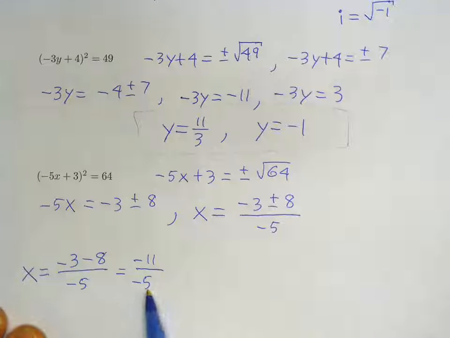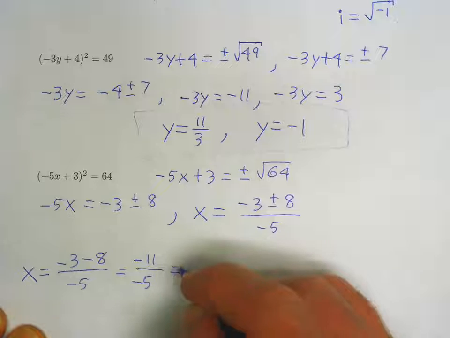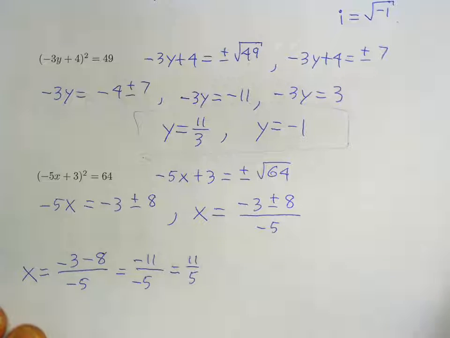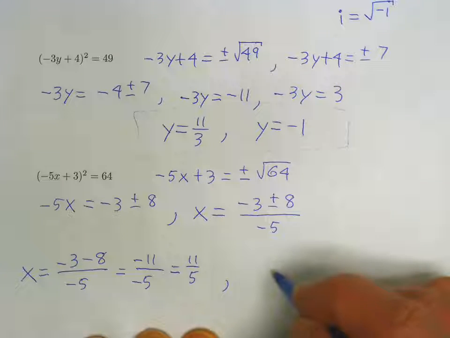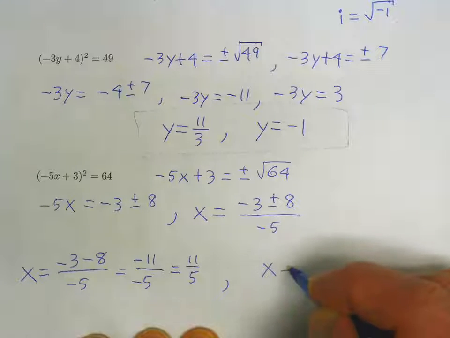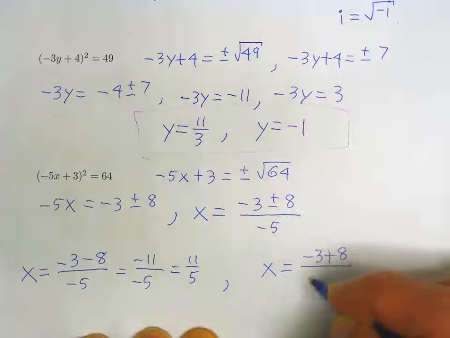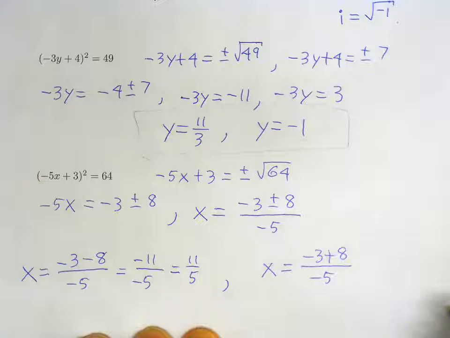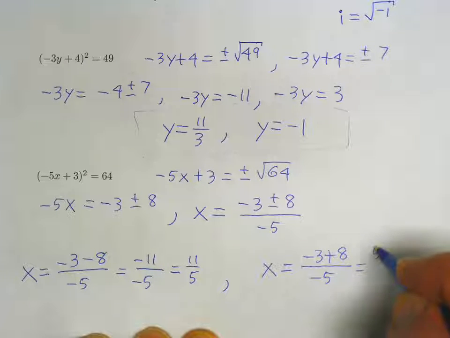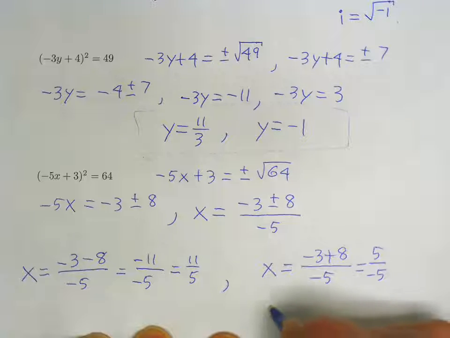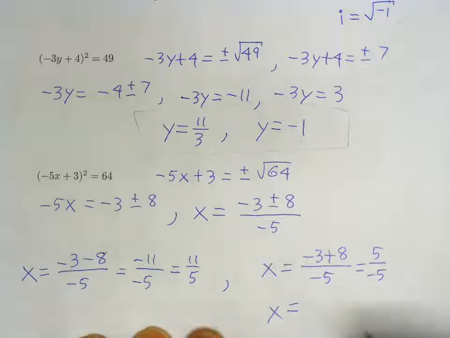And negative 11 divided by negative 5 is positive 11/5. And then the other solution, x equals negative 3 plus 8, all divided by negative 5. So in the numerator, negative 3 plus 8 is 5. We're dividing by negative 5. So the other solution is negative 1.